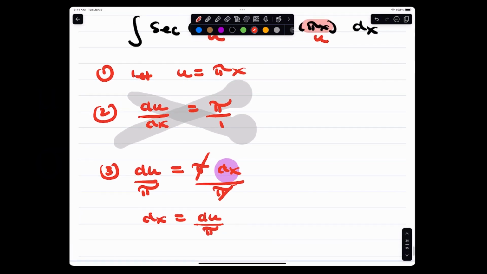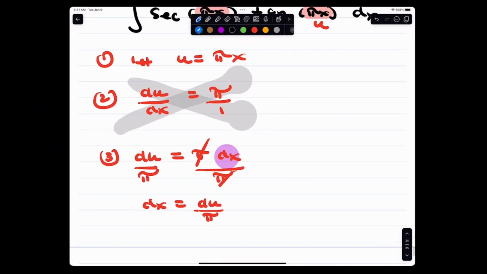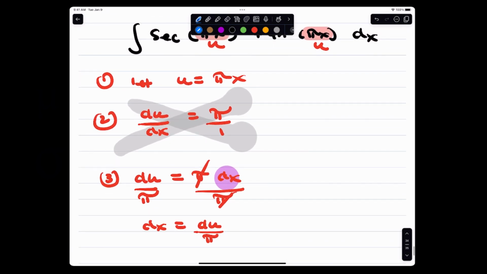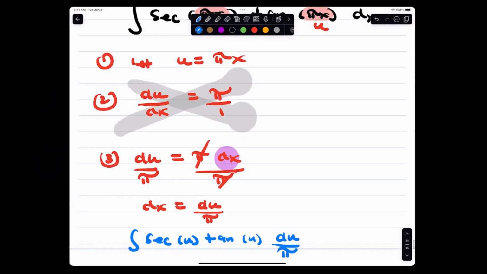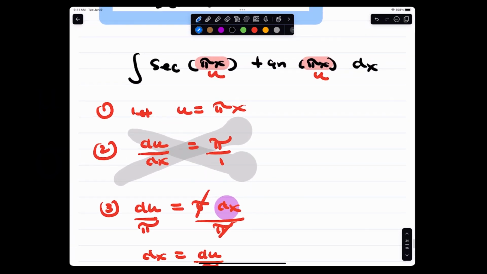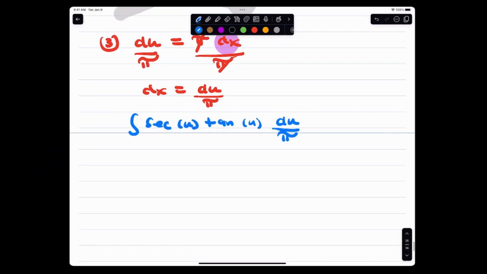Du over pi. So, okay, you guys okay with that? So now you're going to get the integral here of what? Secant u, tangent u, right? Du over pi, because that's what dx is.